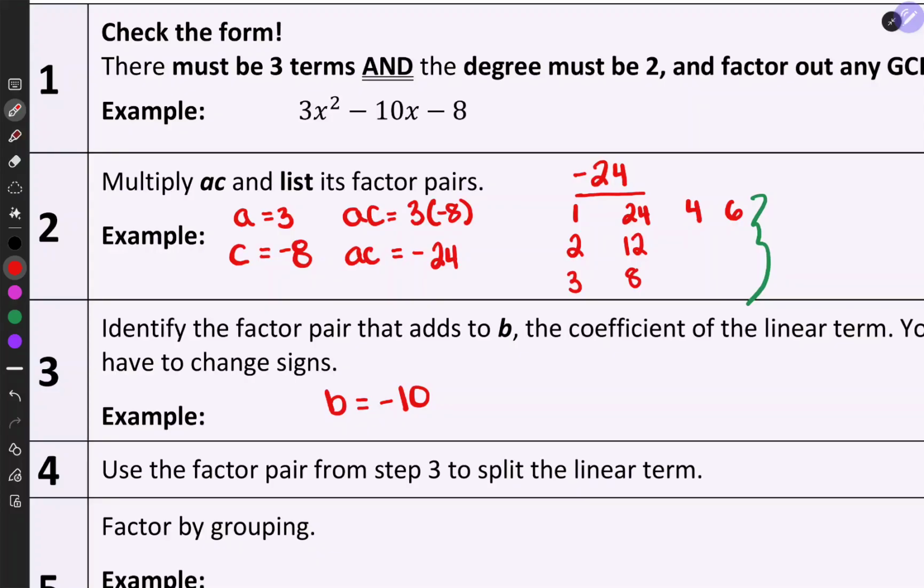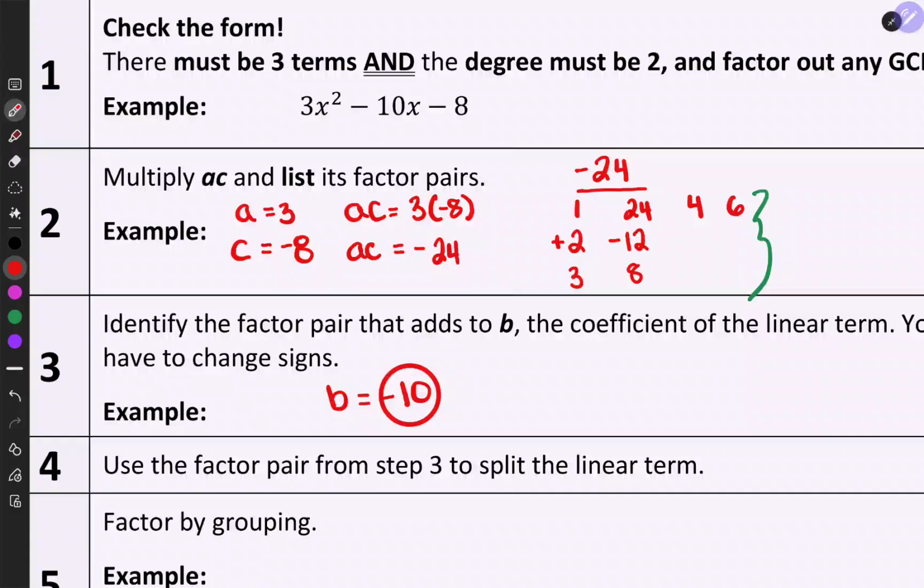So for example, 12 and 2. If I subtract 12 from -2, or I add +2 and -12, I'll get my -10.